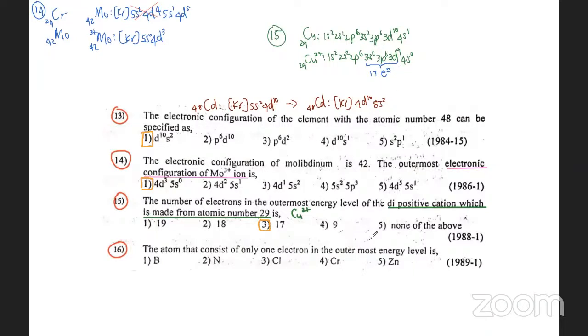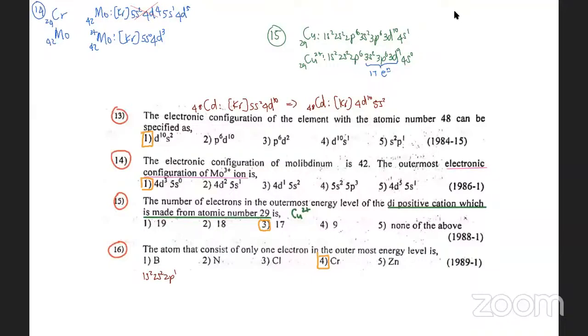Okay, right. The atom that consists of only one electron in the outermost energy level is, who is that, people? Oh, this is an interesting question. It should be chromium, not boron. Now consider these are just electronic configuration questions. Boron is 1s2, 2s2, 2p1.